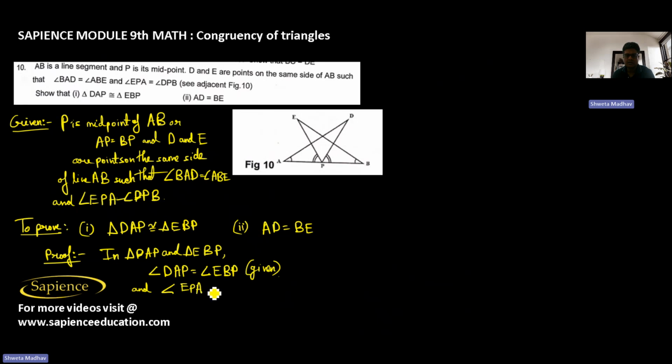So if we add the same angle, which is angle EPD, EPA plus EPD is equal to angle EPD plus angle DPB. The reason is given. So this implies that angle EPA plus EPD is obviously angle DPA. So angle DPA is equal to angle EPB.